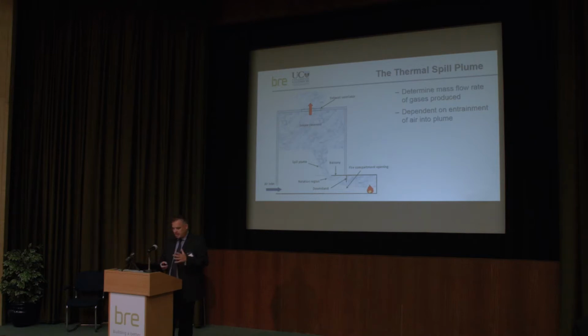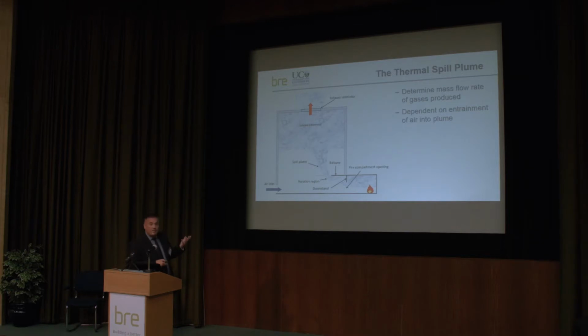Here's a drawing of a thermal spill plume to give you an idea of what this actually means. A thermal spill plume is really hot gas rather than flames, from a post-flashover fire. Generally, you'll find a spill plume being generated for a fire, say in a shop unit or an office unit.